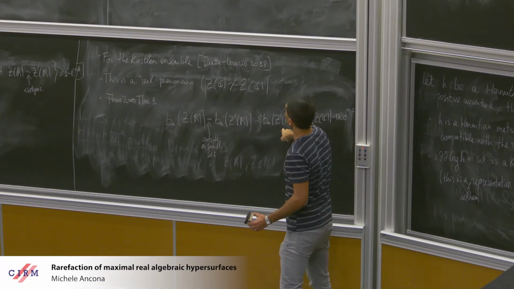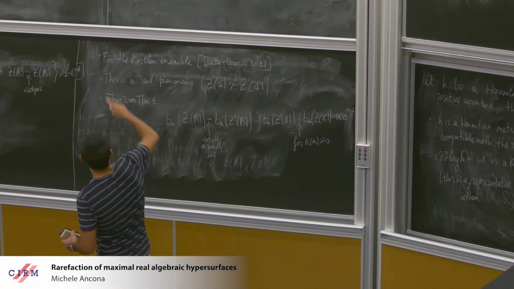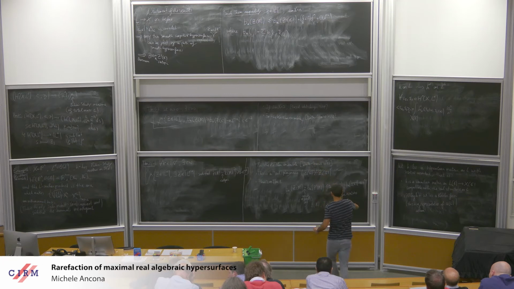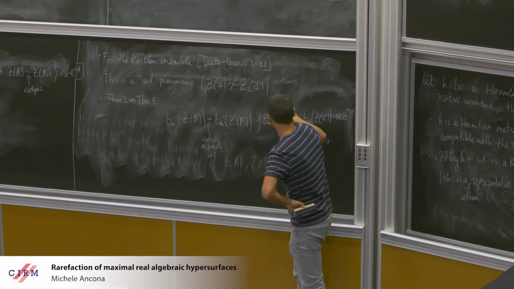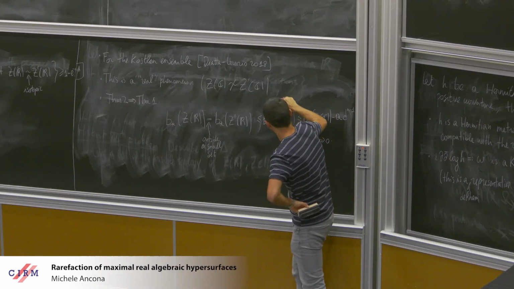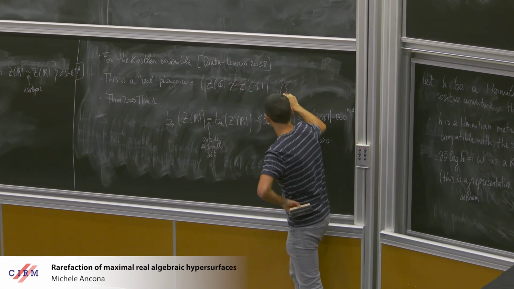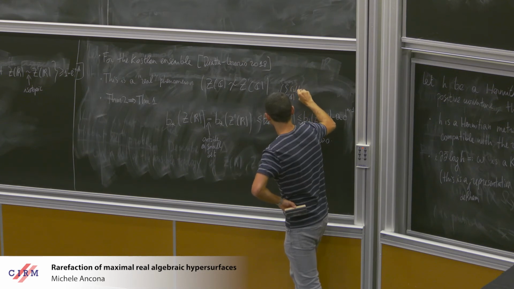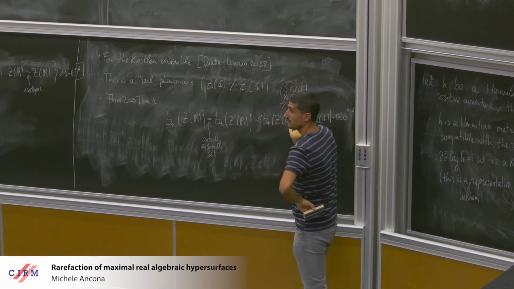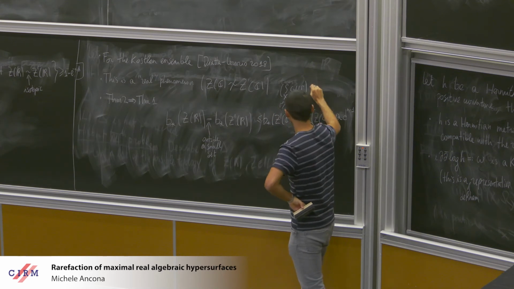Essentially, by the formula over there, there is this coefficient, and this is degree d minus k.